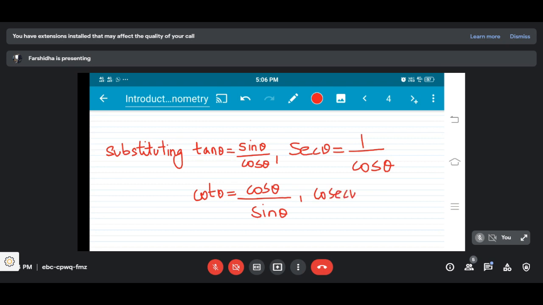Cosec theta is equal to 1 by sin theta. So we'll write, instead of tan theta, we'll write sin by cos. Sec will replace by 1 by cos theta. Cot will replace by cos theta by sin theta. And finally, cosec will write as 1 by sin theta.